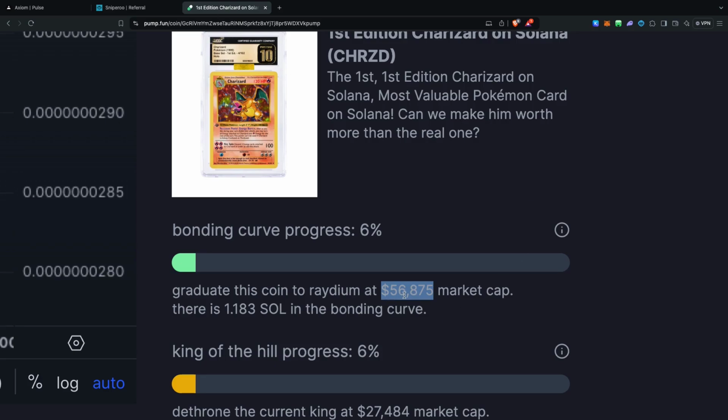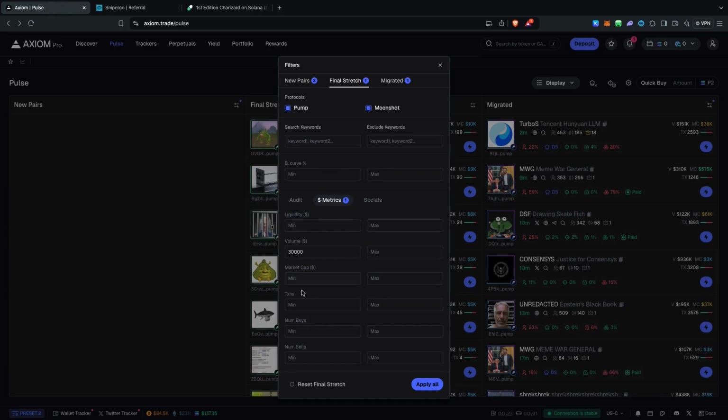If you're very good at mathematics, what's 30% of 60,000? 60,000 multiplied by 0.3 is around 18,000. 60,000 minus 18,000 is about 42,000. So we're just going to put the market cap minimum at 45,000 US dollars.